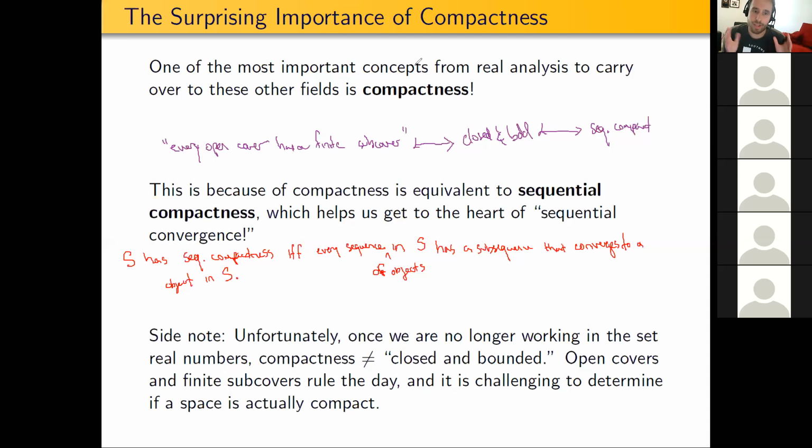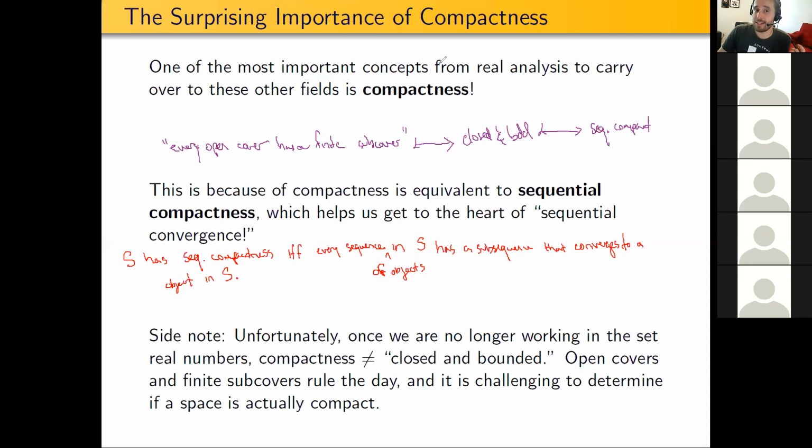So if we're working with an abstract space of objects where it's hard to think about what it looks like, if we know that the space is compact, then we know that it's sequentially compact, which means if we take some sequence of objects, we're guaranteed that a convergent subsequence exists.